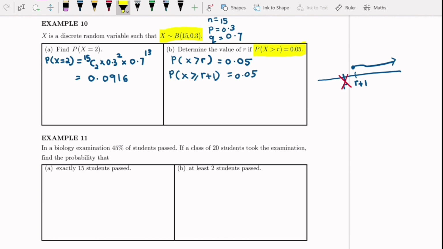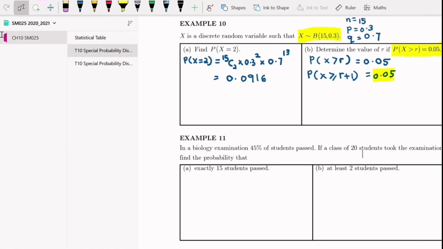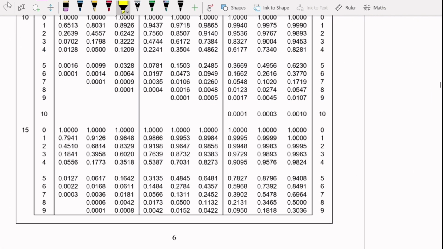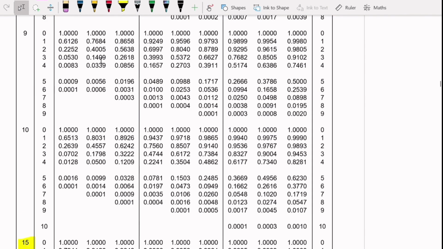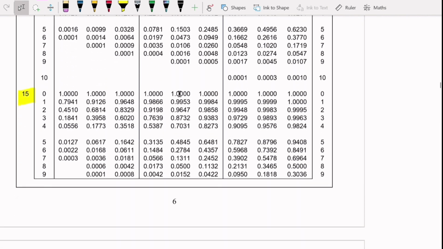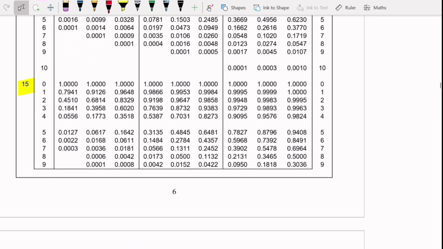We need to find what value gives the probability 0.05. So n equals 15 here, p equals 0.3, so 0.3 is here, so we will focus on this column.